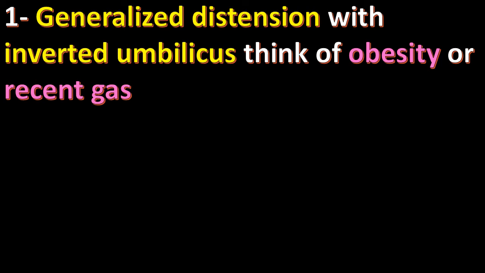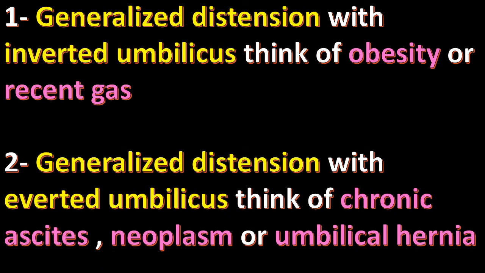With generalized distension, with inverted umbilicus, we think of obesity or recent gas in the intestine. And with generalized distension, with everted umbilicus, we think of chronic ascites, neoplasm, or umbilical hernia.